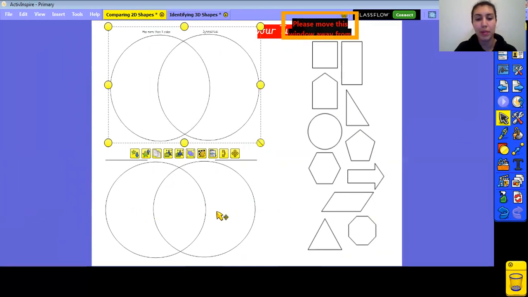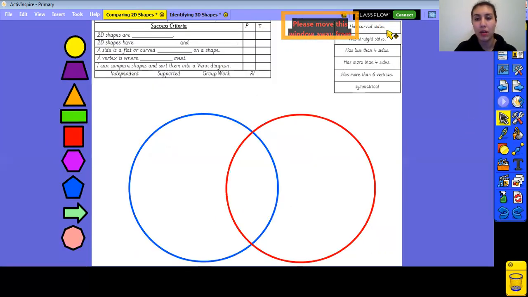If you do choose this blank one, there will be some category names that you can use as a prompt. So let's have a look. I think I'm going to choose has straight sides. So I'm going to name one of my circles has straight sides.